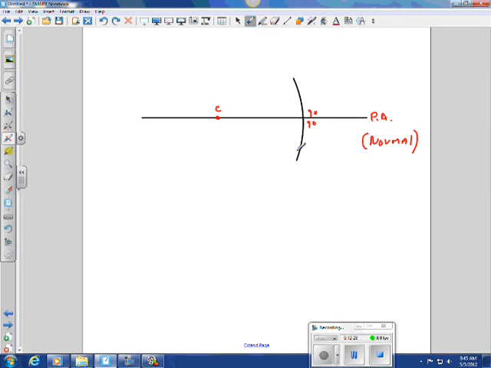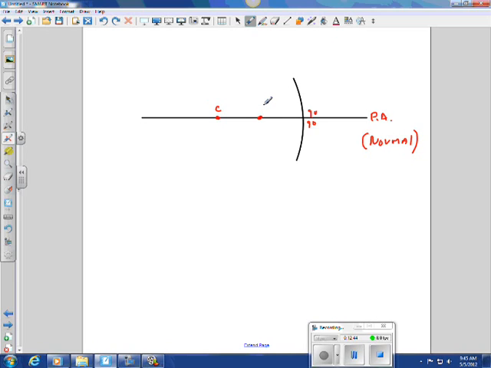Okay. Do you remember in the last slide we had a focus, a focal point? Well, here is another rule. The focal point is always halfway.